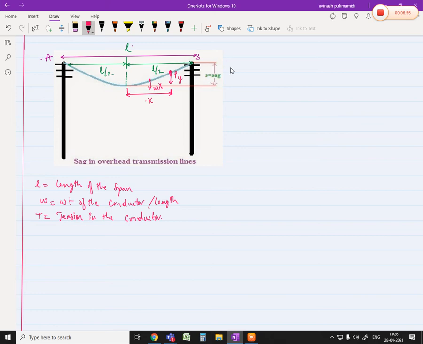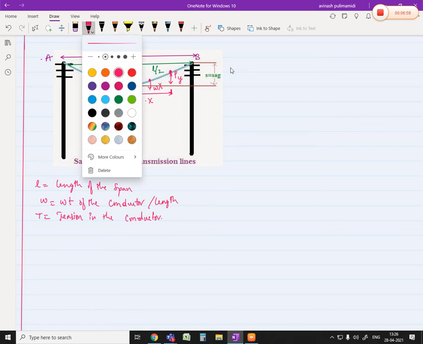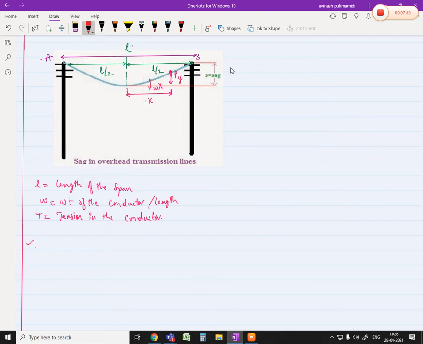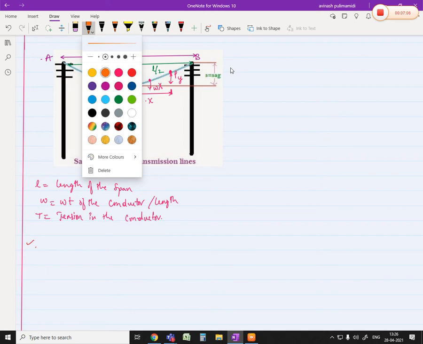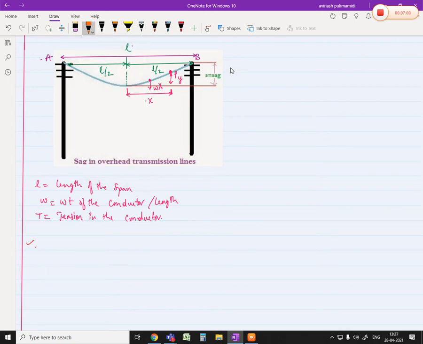So let us consider a point P on the conductor, assuming the lowest point O as the origin.